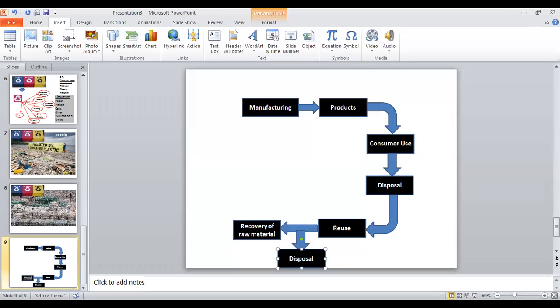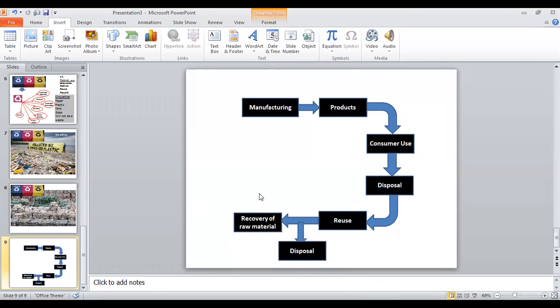Example, a dress after using it. Disposal, or maybe you can use it for some different use. Recovery of raw material.